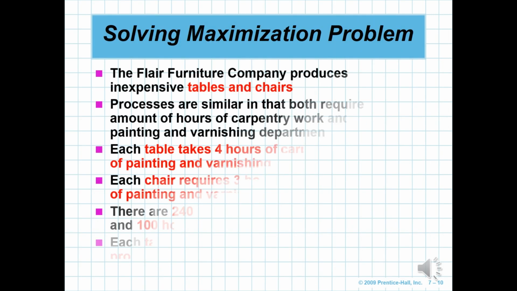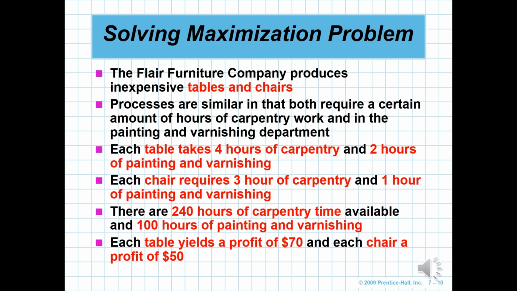So now we look at the first maximization problem for LP. We have one example problem here. The Flair Furniture Company produces inexpensive tables and chairs. So this company produces tables and chairs. We only consider 2 types of product from this company, which are X1 for tables and X2 for chairs.